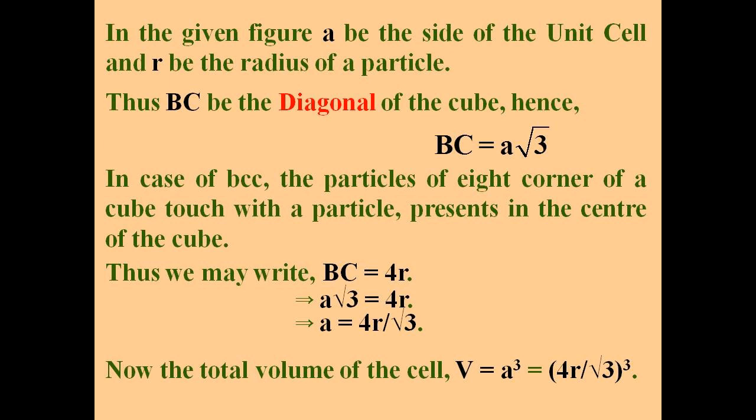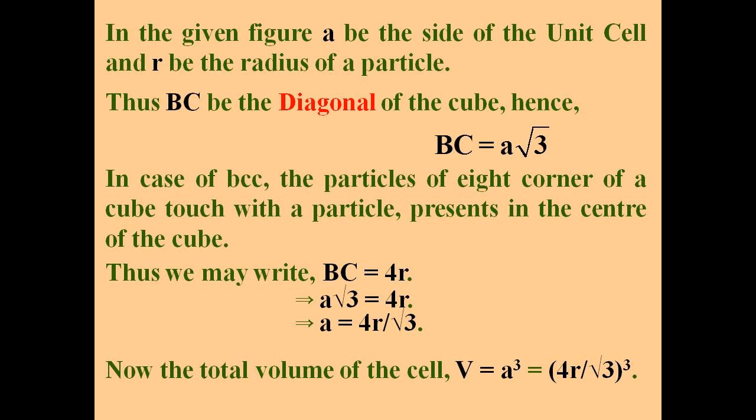In case of BCC, the particles at the 8 corners of a cube touch the particle present in the center of the cube. Thus we may write BC equals 4r, which implies a root 3 equals 4r, which implies a equals 4r by root 3.